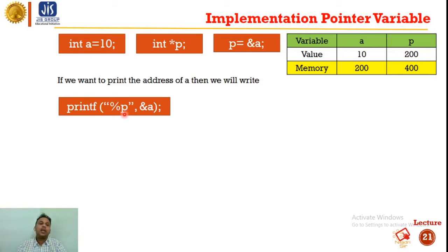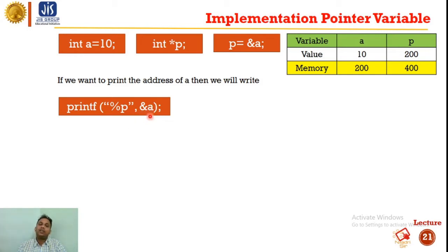You can use %u also, that is unsigned integer. Unsigned means, as we know, that a memory address has no sign, that means it cannot be positive or negative. So to print an address we will use %p or %u, and after that comma ampersand a.